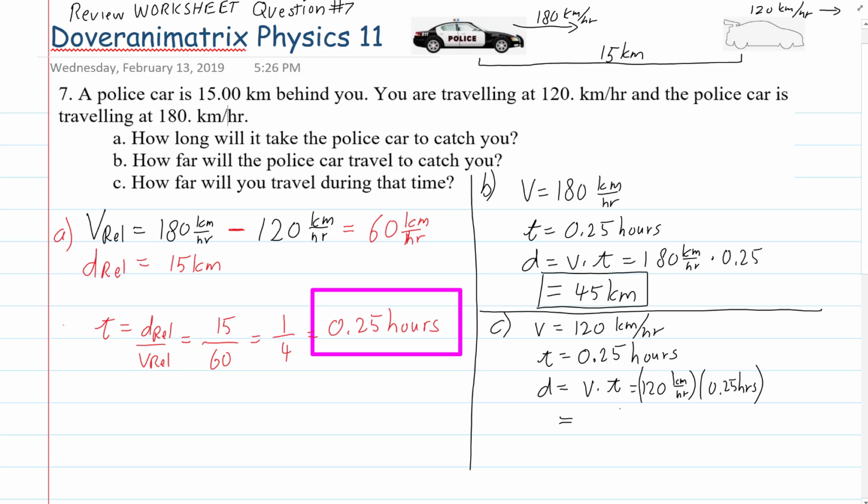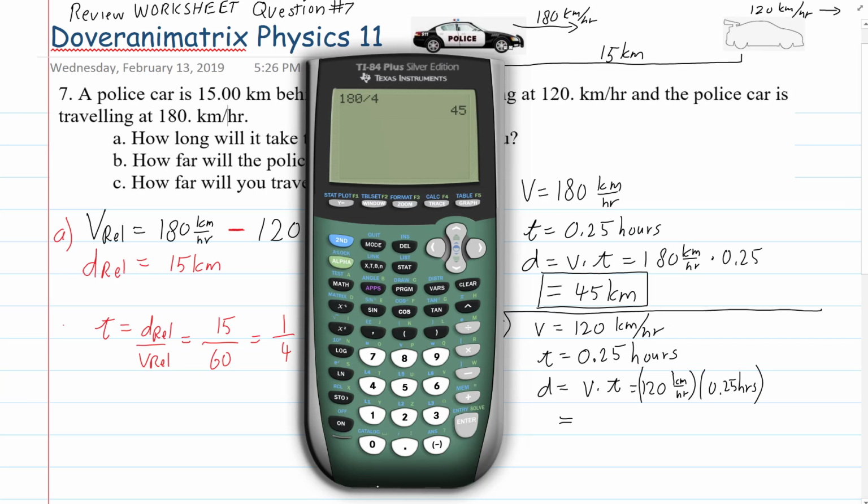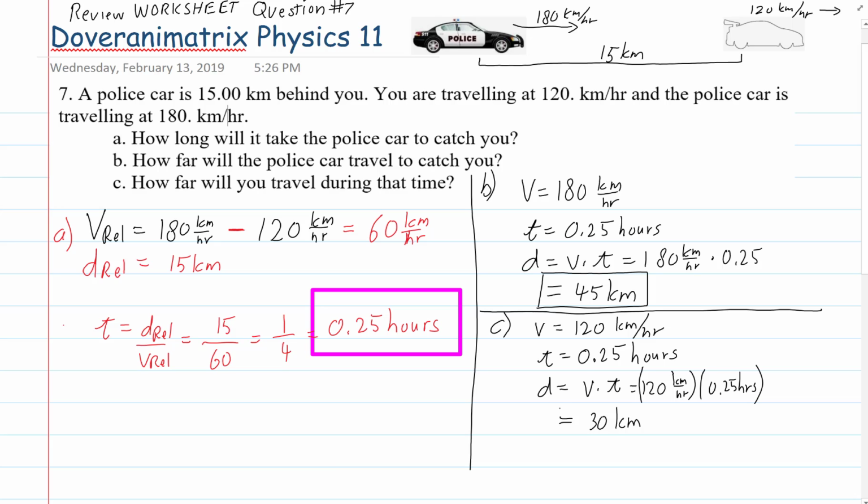It's an easy one, but here we go: 120 times 0.25, this time we'll do it the other way, is 30 kilometers. And here's our answer for you.